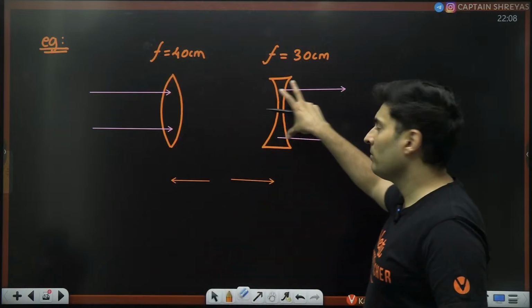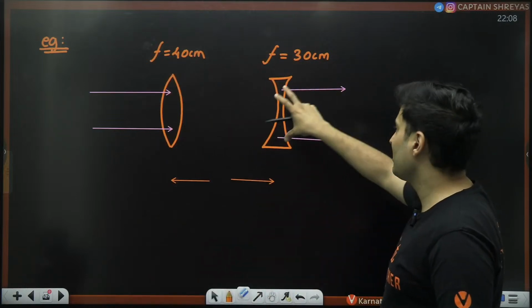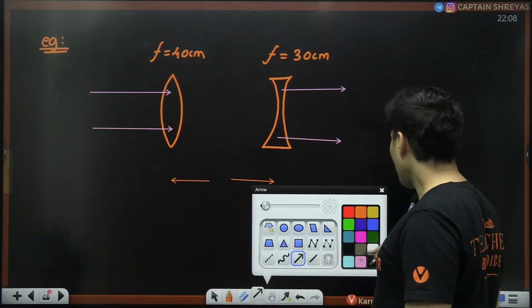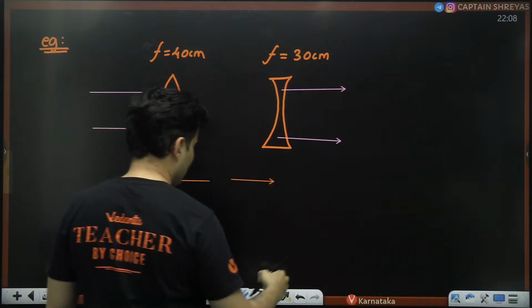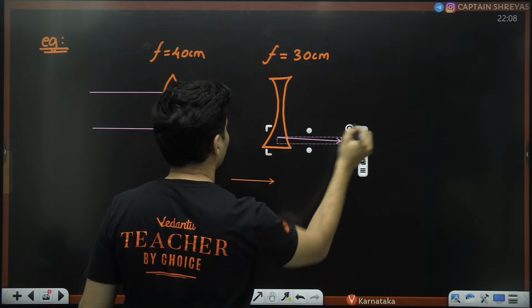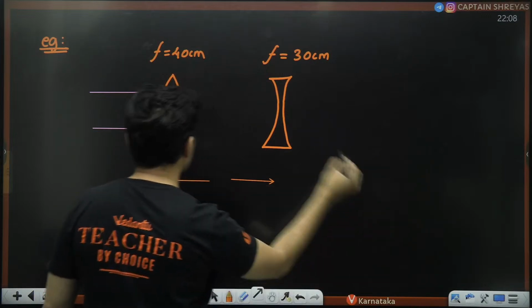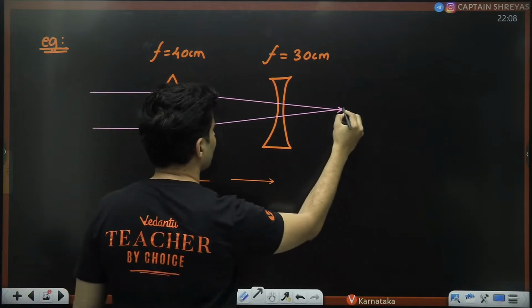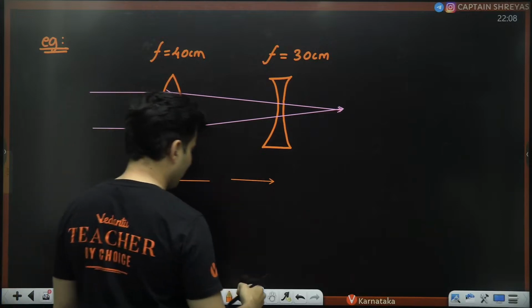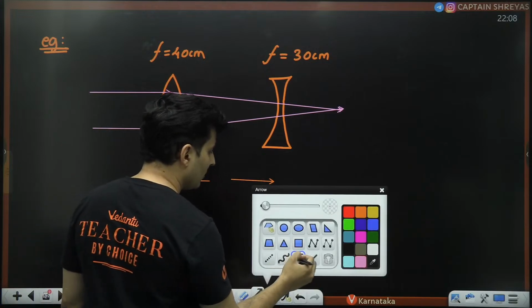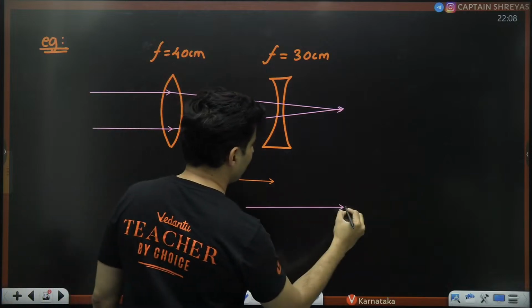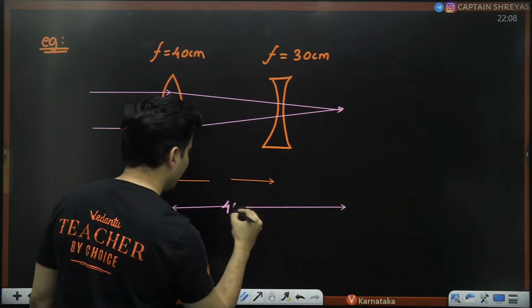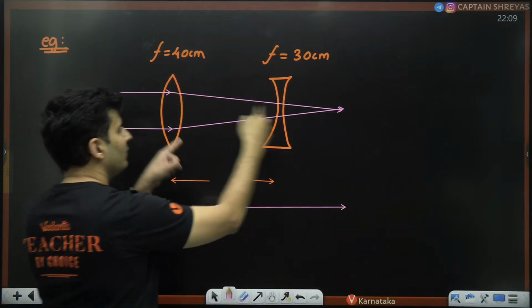See, when will the ray from a concave lens be parallel? It will only happen in one particular scenario. Imagine the rays, forget this for now. If the rays from this convex lens were meeting somewhere over here, and of course from here to here, this is 40 centimeters because that's the focal length.